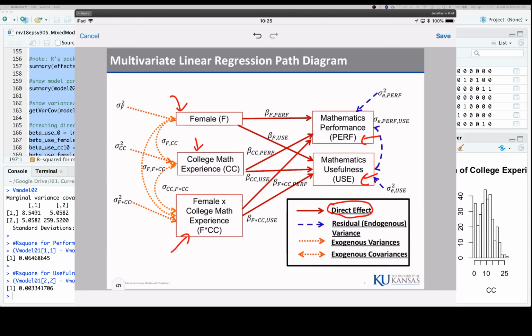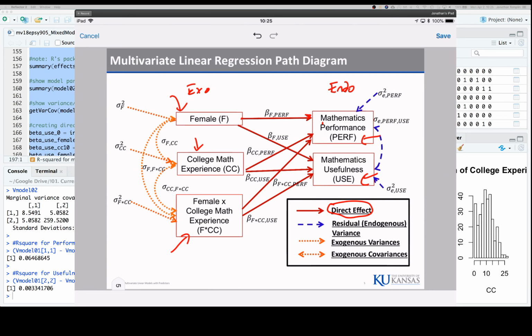This is a regression slope. So this arrow connecting female, where the arrow terminates, is the dependent or endogenous variable. Any variable that does not have a direct effect terminating on it is called an exogenous variable. So these are the exogenous variables on the left, and these are the endogenous variables on the right.